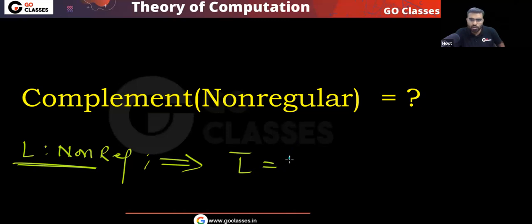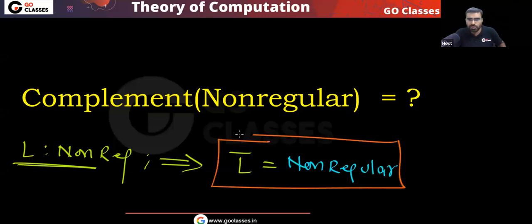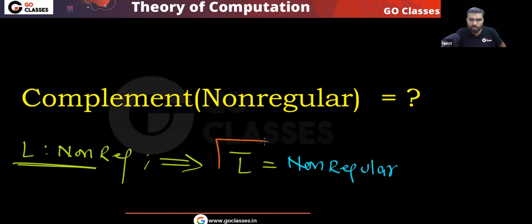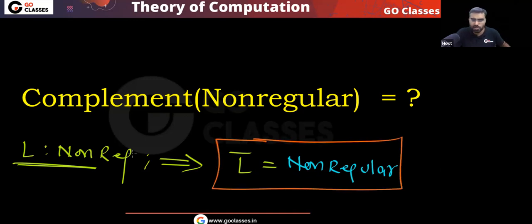Can it be regular? No, it will be non-regular. So the complement of a non-regular language will always be non-regular. If a language is not regular, then the complement also will not be regular.